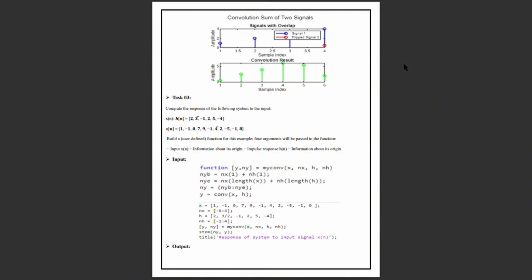That's how we build a user-defined function for which four arguments will be passed: the input xn with information about its origin, and the impulse response with information about its origin. The input signal x along with its origin information, and the impulse response h along with its origin information.